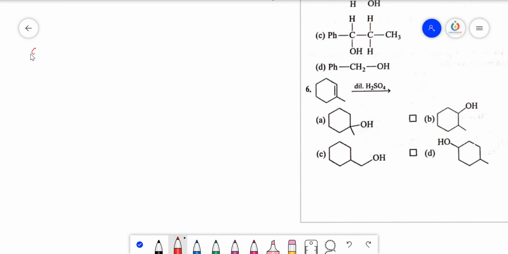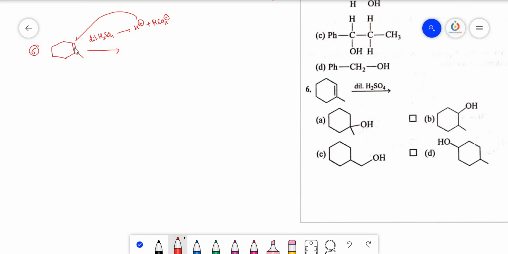Let us solve question number 6 now. In this particular molecule, this is the reactant molecule given here, to which dilute H2SO4 is added. So you just consider that H2SO4 dissociates into H+ and HSO4-. The H+ ion will attack either this carbon atom or this double bonded carbon atom. But according to Markovnikov's rule, the H+ ion has to attack the carbon with fewer substituents, or more hydrogens.